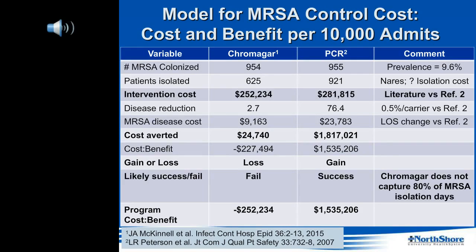And we had a gain in the economics. We had a successful program, and you can see the cost benefit per 10,000 admissions was $1.5 million. So I think if you look at your own data, it's possible to carefully decide what pathway to take in your own healthcare system.